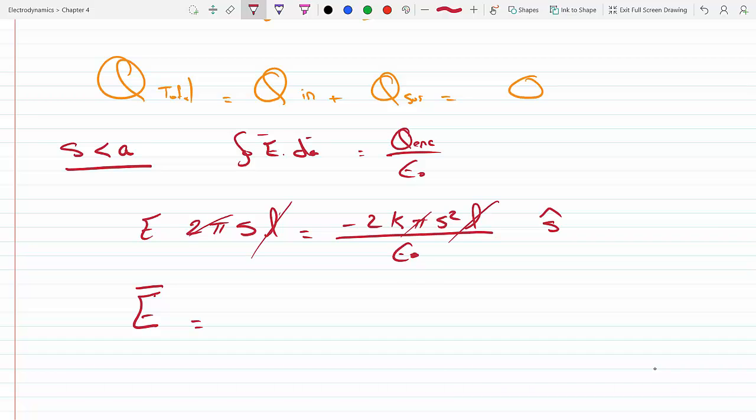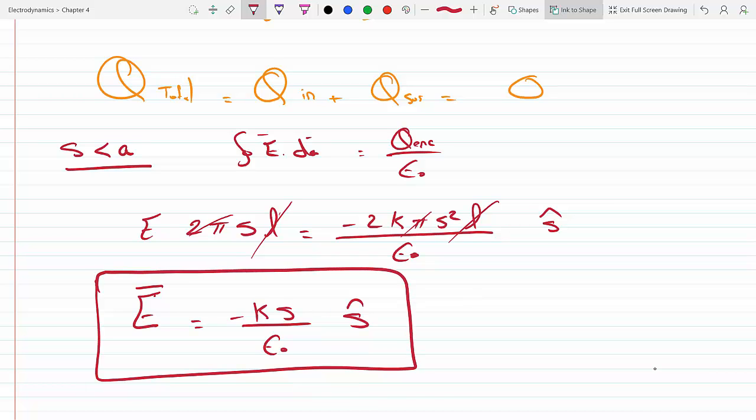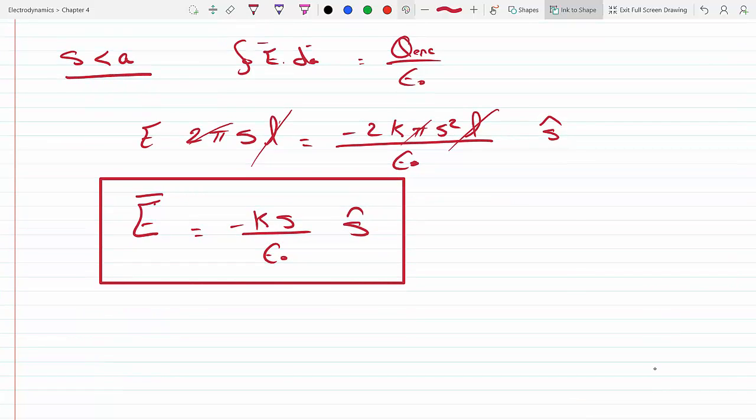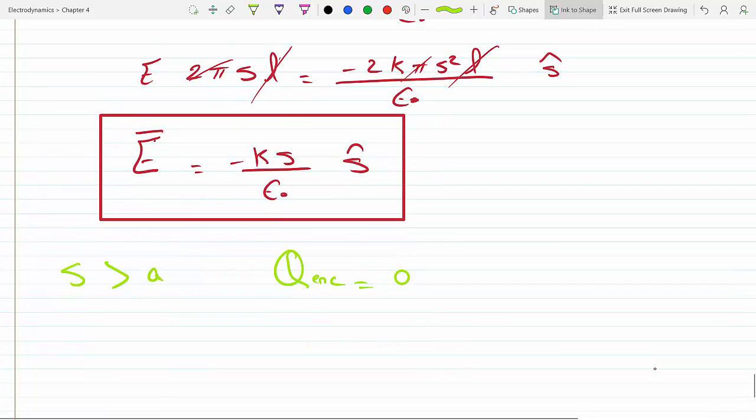S goes away, so I'm gonna get minus KS over epsilon in the S hat direction. So this would be my electric field inside. And outside, for S greater than A, clearly if I take a Gaussian surface outside, Q enclosed will equal 0, we just proved that here. Q total is 0. So that means the electric field will equal 0.